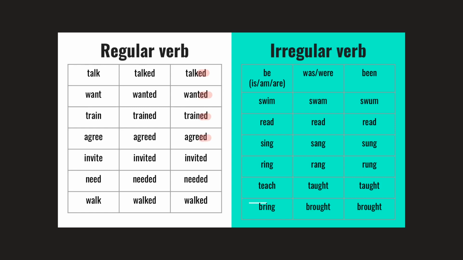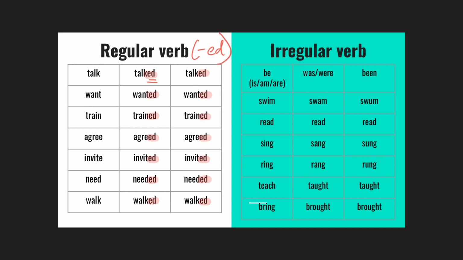It always ends in ed, as does the past tense form. So this is why we call it a regular verb. You can predict, you can anticipate the ending of the past tense and the past participle. It always ends in ed.